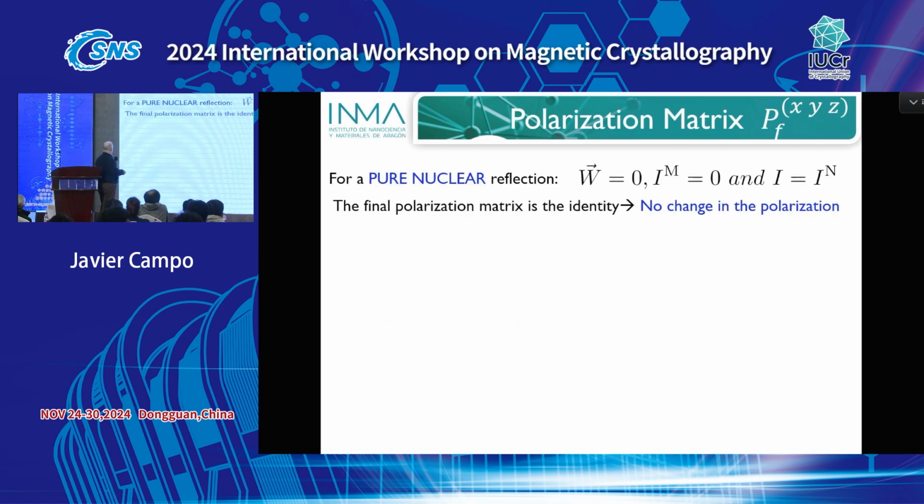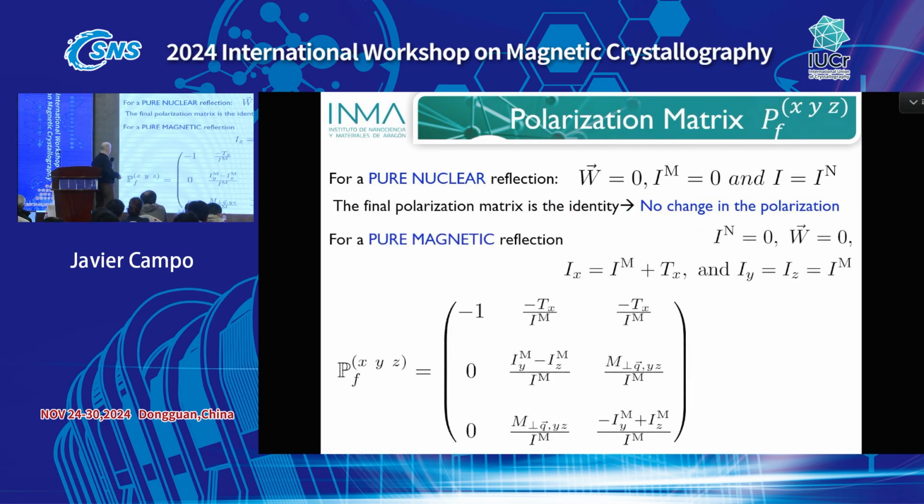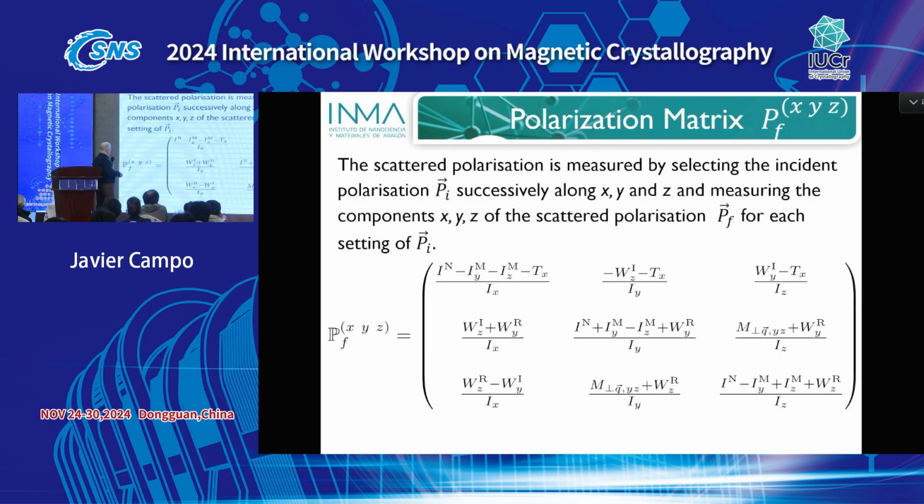Then also, for a pure nuclear reflection, that means there is no interference and no magnetic scattering, all the intensity is nuclear. Then the final polarization matrix is the identity, with no change in the polarization. You can go here, and you can see that the final polarization will have 1, 1, 1.